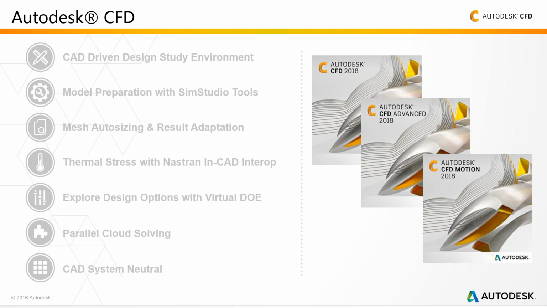On the mesh creation size, we have some unique features there in terms of auto sizing and mesh adaptation, which will increase mesh density and areas of interest, for example, areas of high thermal stress, once transferred to simulation mechanical or Nastran in CAD, and that will allow us to get accurate results with minimal effort.